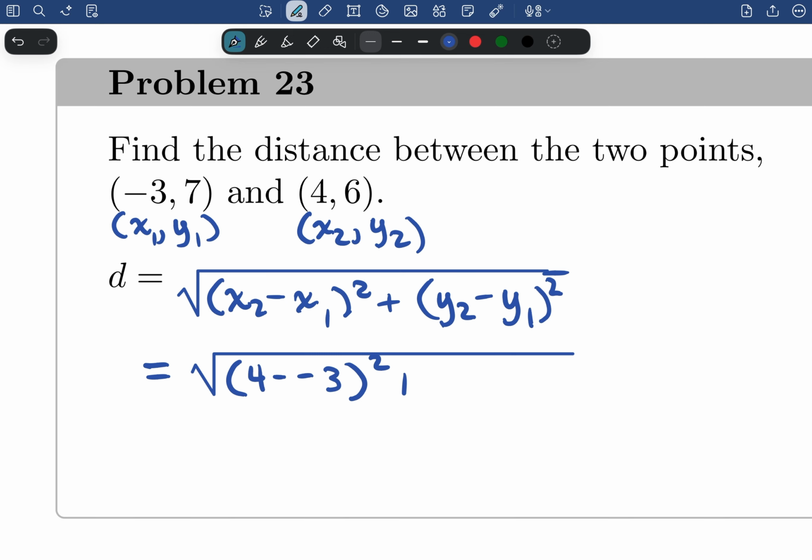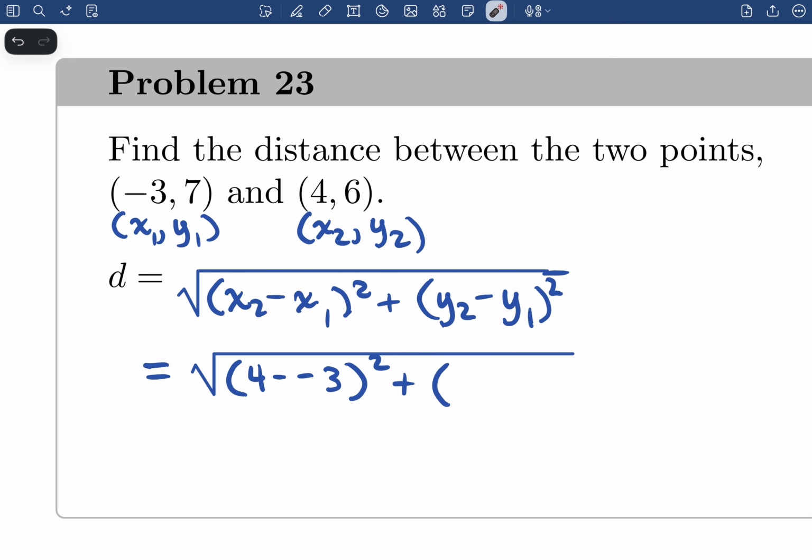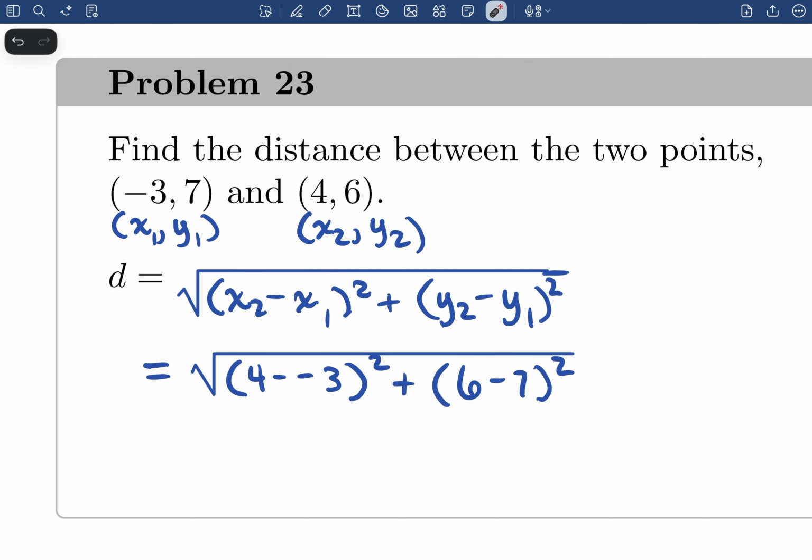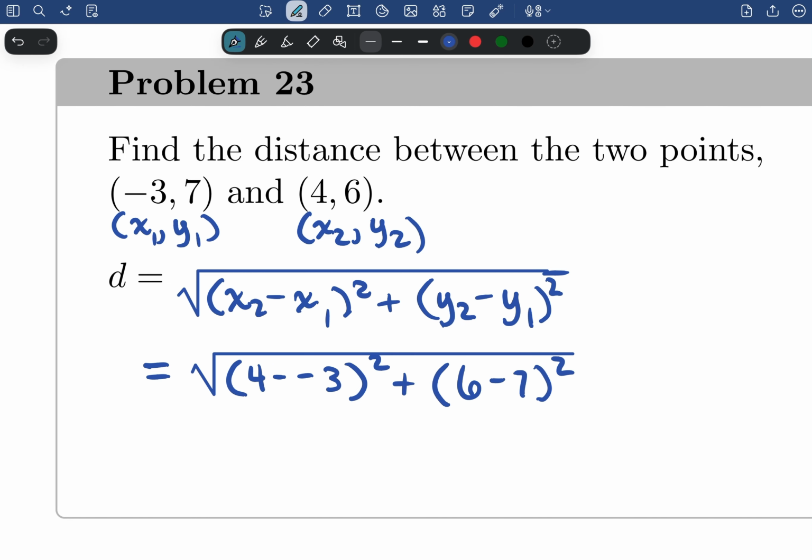And I square that, and I add it with the difference of the y's, right? y2 minus y1. y2 is 6, y1 is 7, so I take 6 minus 7, and I square it like this. Great. Now, when you have a double negative, we have the minus sign of the formula and the negative value for x1. So we got a double minus. So just turn that into a plus sign. When you subtract a negative, that's addition.